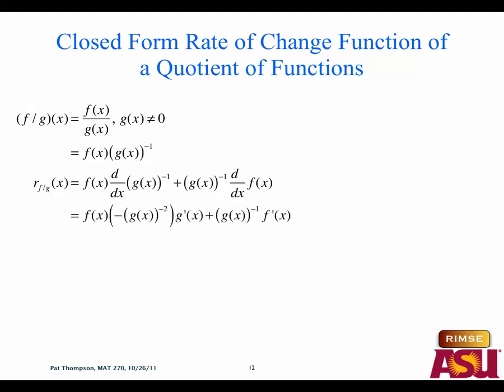This piece right here applies the chain rule: we look at the overall structure and take the rate of change of that, which would be negative, with respect to g, to the minus 2, then times the rate of change of g.